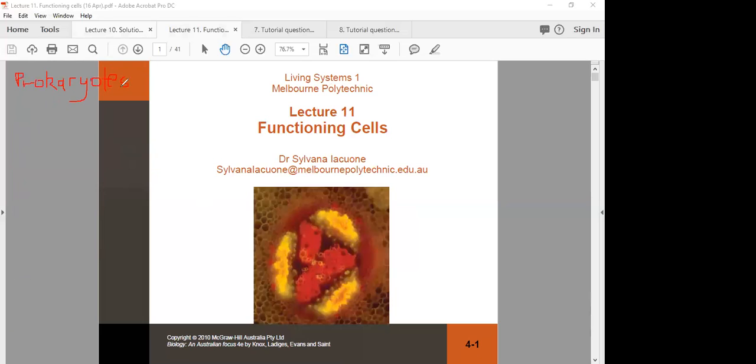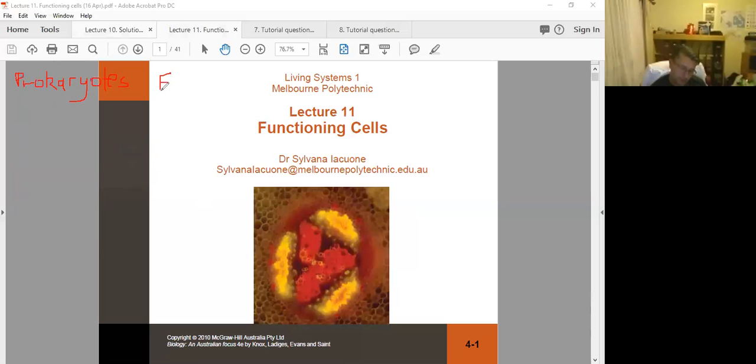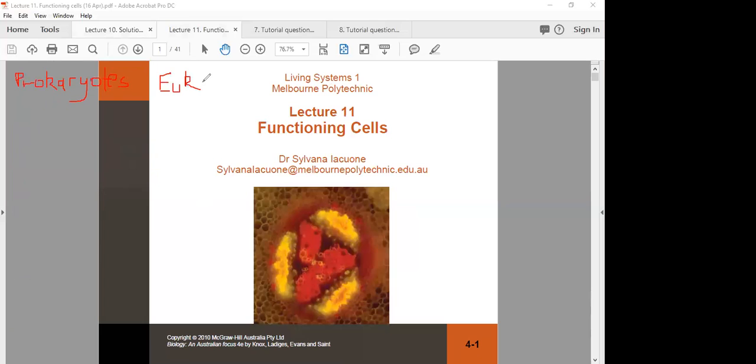Prokaryotes, and what's the other one? Eukaryote. Eukaryotes, correct. And what do these terms actually mean? Where are they derived from, these terms?